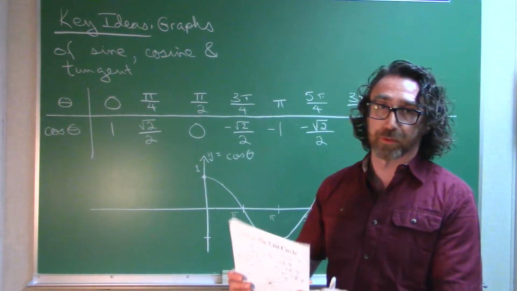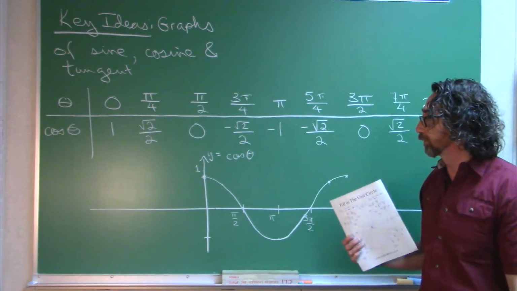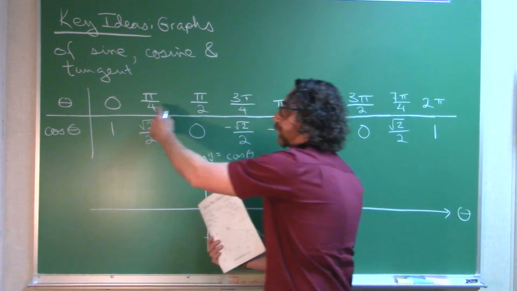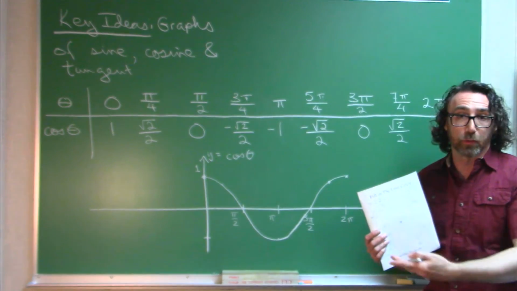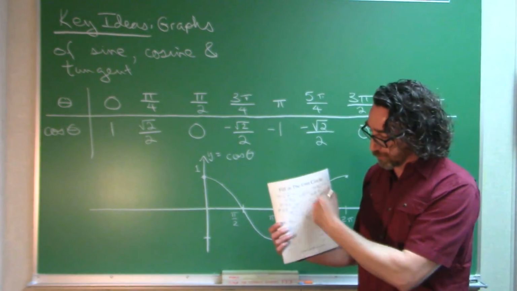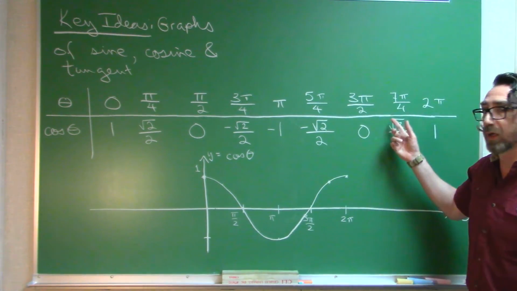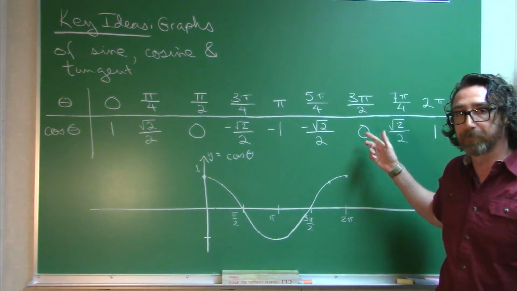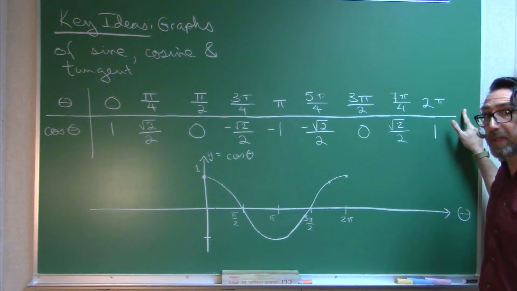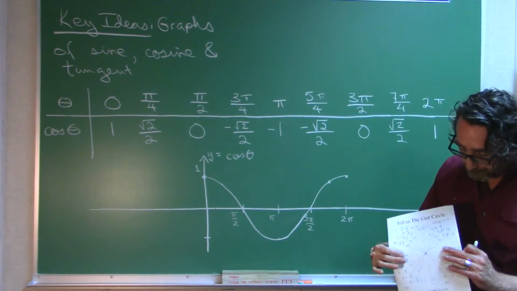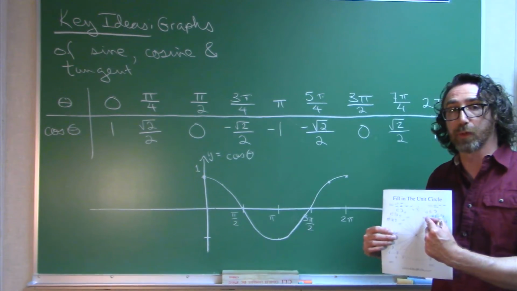Now, the neat thing about the unit circle is not only does it let us know the value of cosine theta for angles between 0 and 2 pi, we can continue that. If we talked about an angle greater than 2 pi, you're just going to wrap around back again. If we're talking about increments of pi over 4, this would be 9 pi over 4 over here, but that's just going around a full 2 pi plus an additional pi over 4 units.